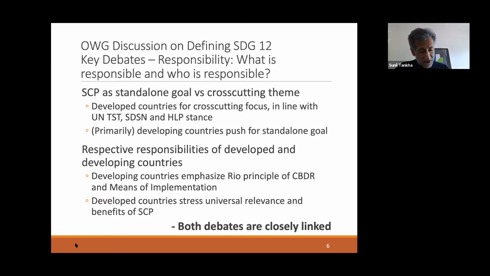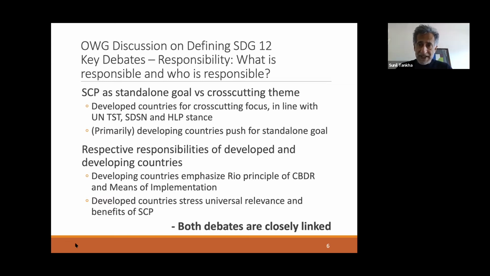The fact that it's cross-cutting means that you can address the interlinkages and ensure embeddedness across all of the sustainable development goals. But the advantage of having a standalone goal is that it gives the issue of production and consumption much more visibility and, more importantly, assigns responsibility for sustainable consumption and production.